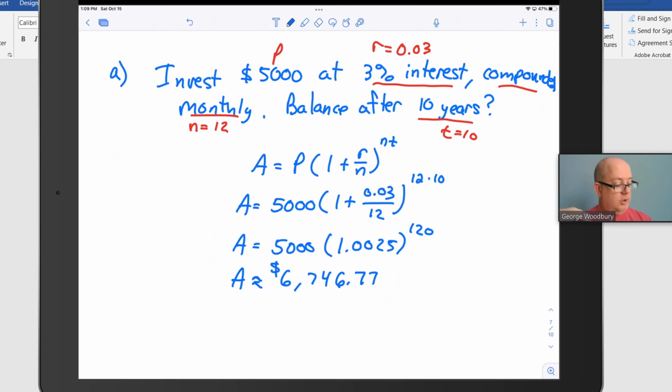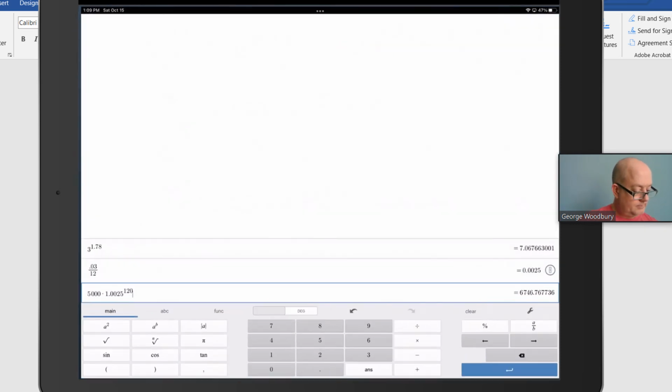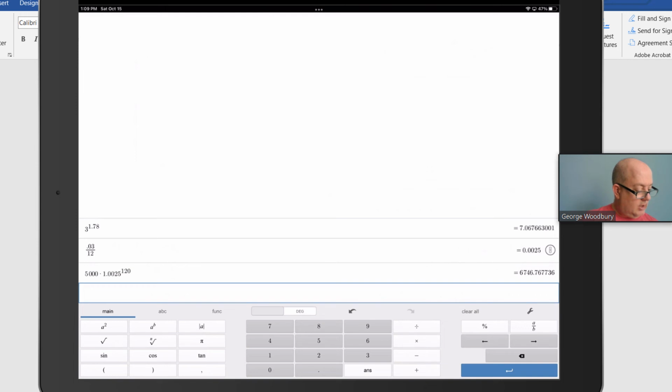Now, that was using that formula, but I could also have entered it carefully using the formula that was right above it. I should get the same answer. So let's go back. And we have 5,000. And I'm going to use exactly the way I had it.